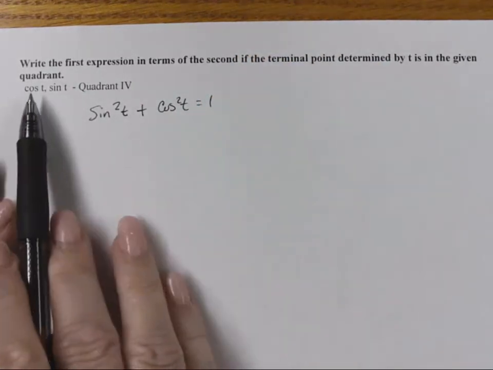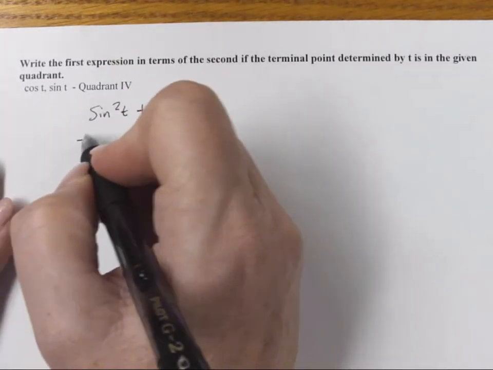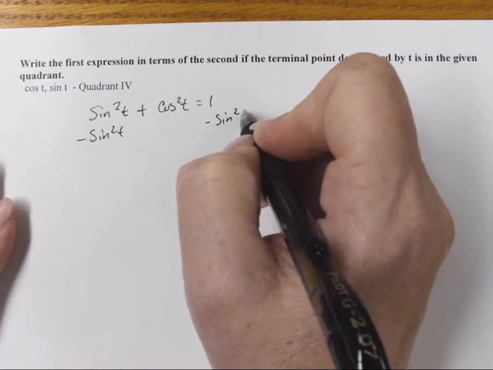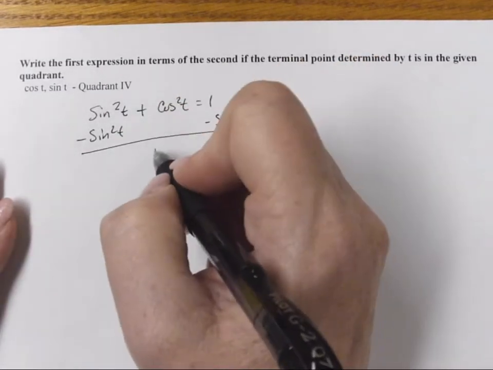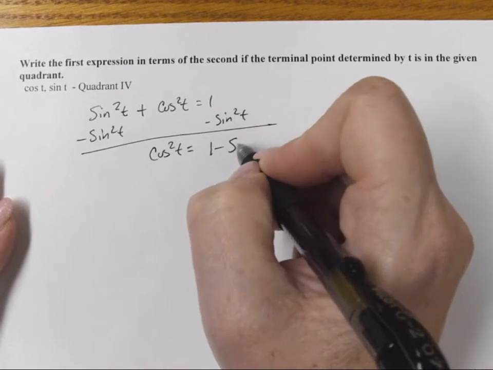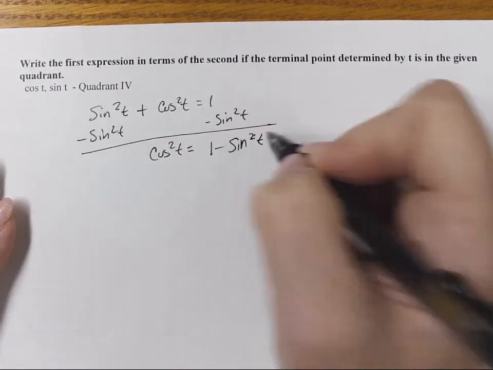And I want to solve for cosine in terms of sine, so I'm going to move my sine squared t to the other side. That leaves me with cosine squared t is equal to 1 minus sine squared t.